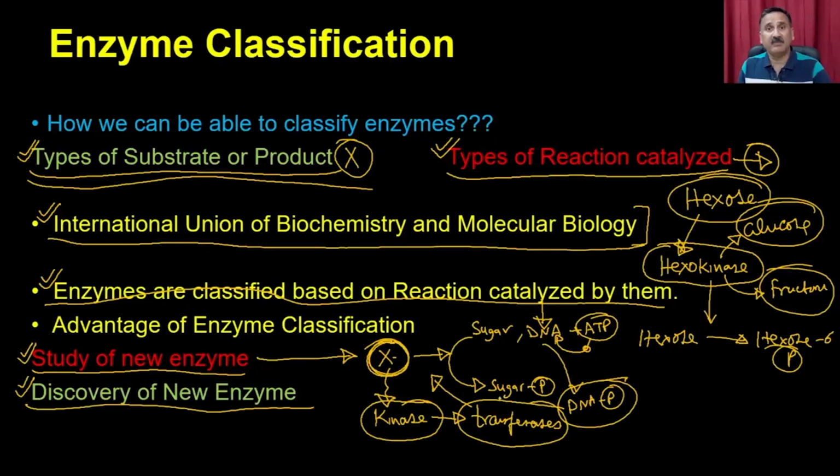So you can gather a lot of information about this new enzyme that you have discovered or identified in an organism or in a particular cell without doing much experiment, because once you know that it is a transferase, a kinase, you can do a similarity search and other experiments, and get the basic information about this particular enzyme.